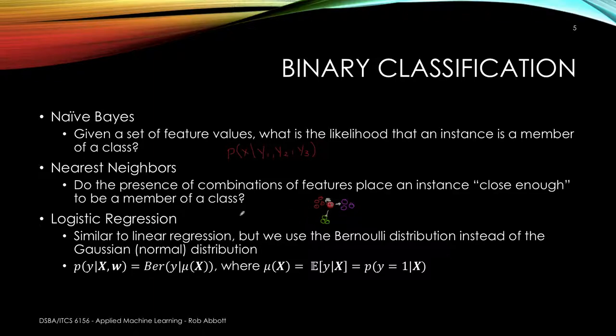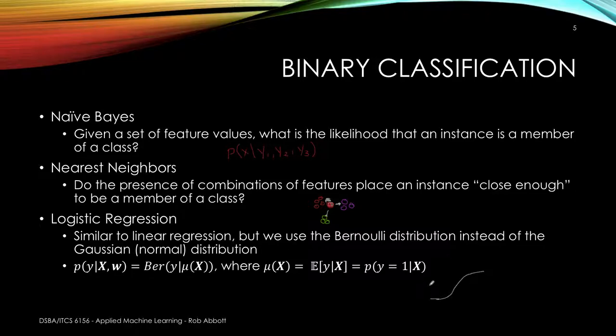And y'all looked at this a little bit during your first programming assignment, using the nearest neighbors class in scikit-learn. And then logistic regression. Logistic regression is similar to linear regression in that you're predicting a value on a continuum, and typically we're viewing that value on that continuum as a sigmoid function.